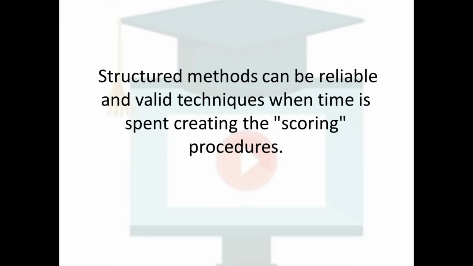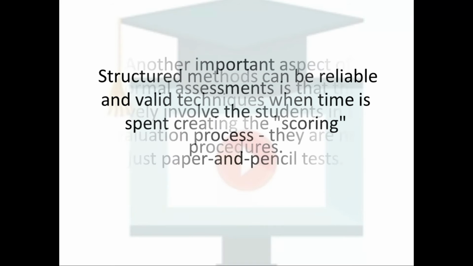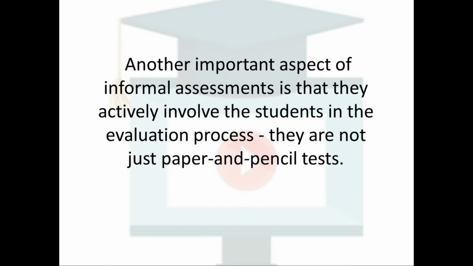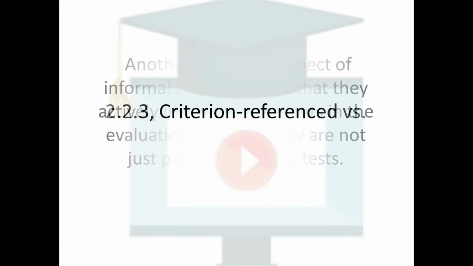Structured methods can be reliable and valid techniques when time is spent creating the scoring procedures. Another important aspect of informal assessments is that they actively involve the students in the evaluation process. They are not just paper and pencil tests.